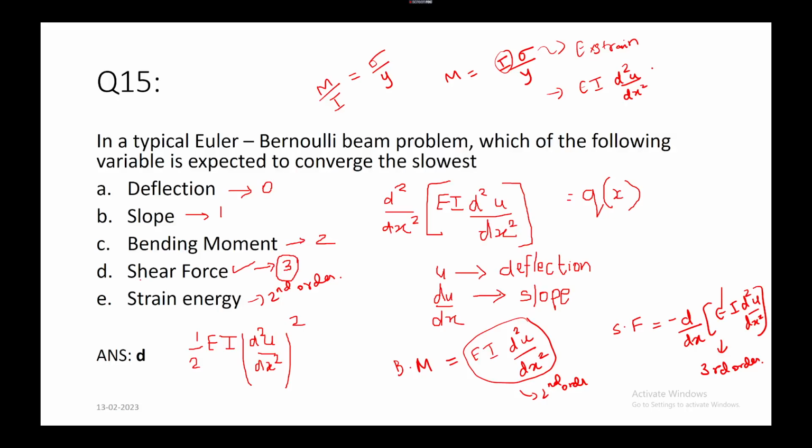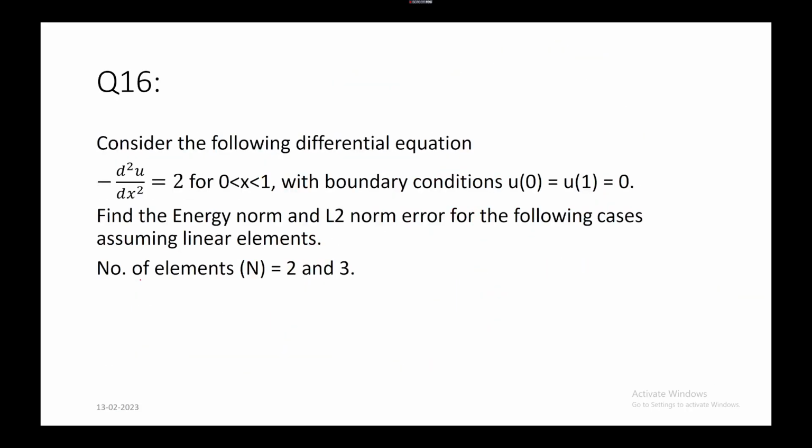So we saw some 15 questions actually. This was the objective type of question. We have one more question, which is a subjective type of question. So we will try to work this question. Consider the following differential equation: minus d square u by dx square is equal to 2.